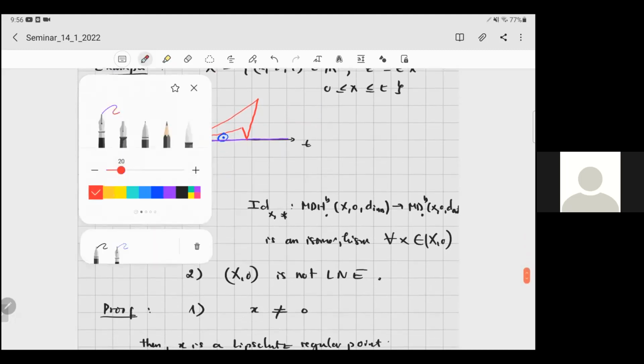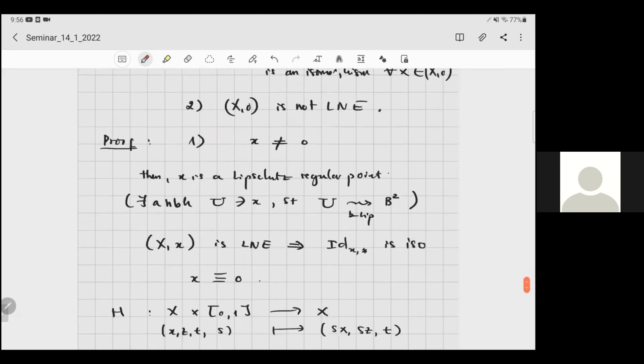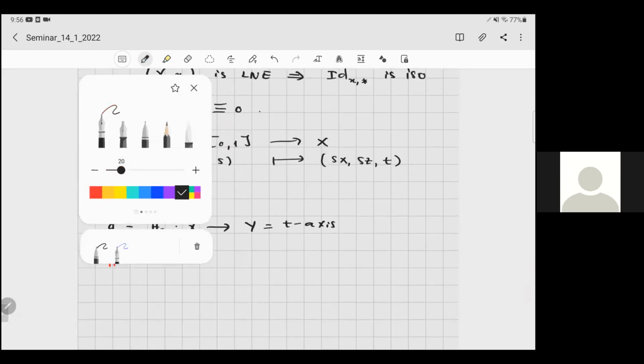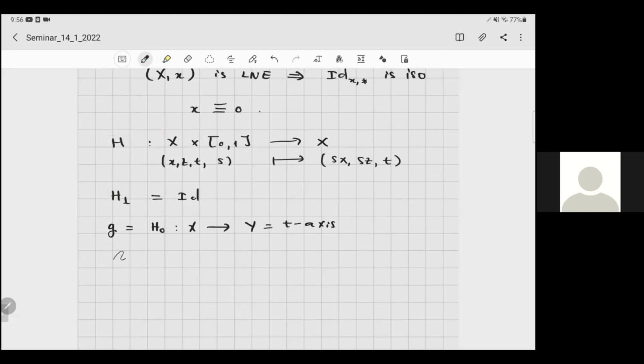And this map is Lipschitz because we have H. It is easy to prove that Hs is Lipschitz for every s, and the Lipschitz constant is independent of s, it does not depend on s.